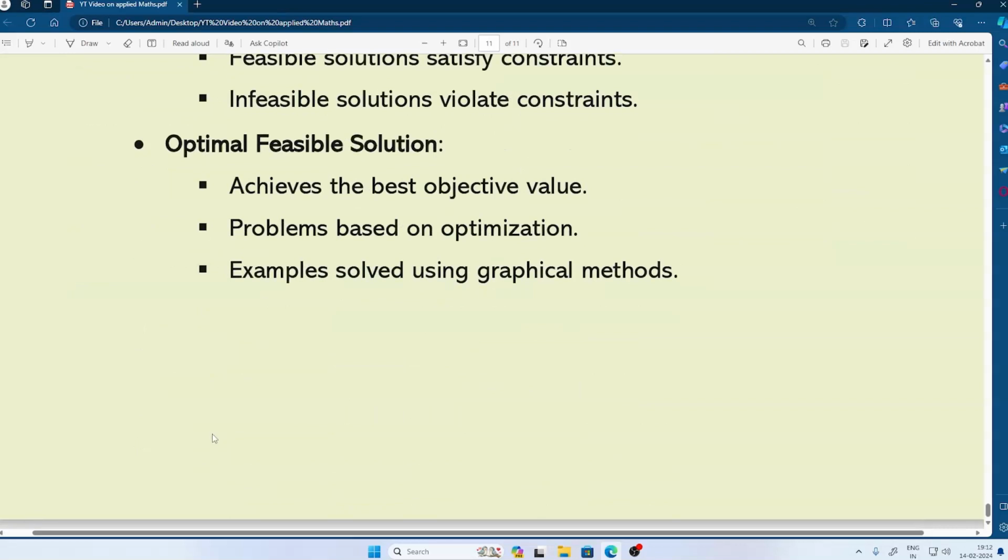Now, optimization problem, all of you know that there is either maximizing an objective function or minimizing an objective function, nothing else. So definitions and application will make linear programming for your board examination.